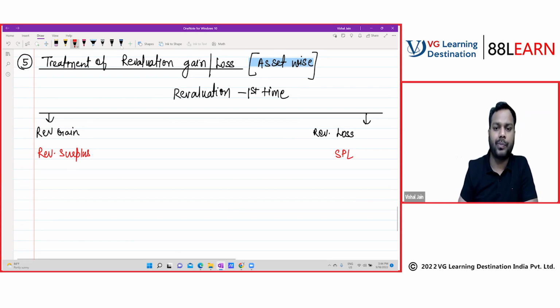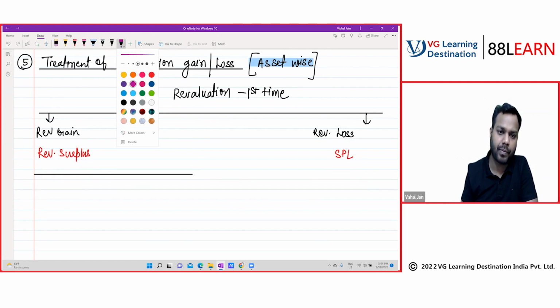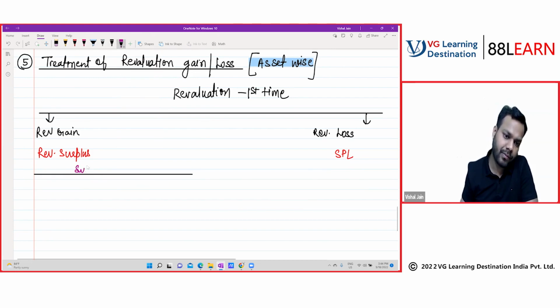Okay, now subsequent revaluation. If we do subsequent revaluation subsequently, there can be a revaluation gain, there can be a revaluation loss.